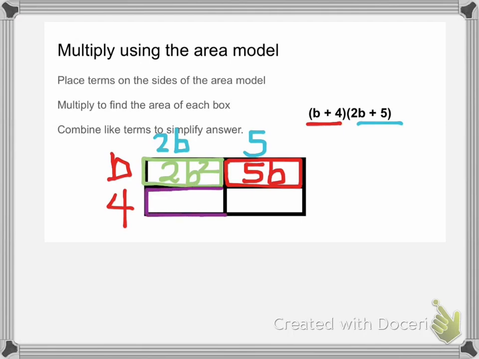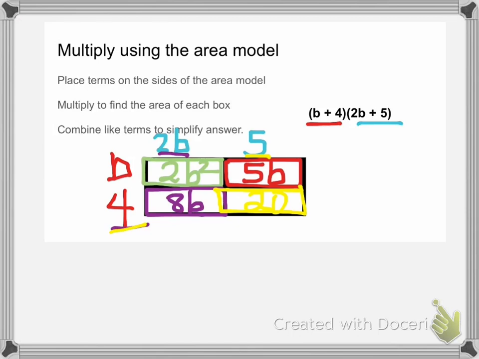So again, we got to multiply base times height. So 2B times 4 is 8B. And then finally, let's find the area of the last box, which is here. Again, length times width. So 5 times 4 is 20. So we found the area of each box.